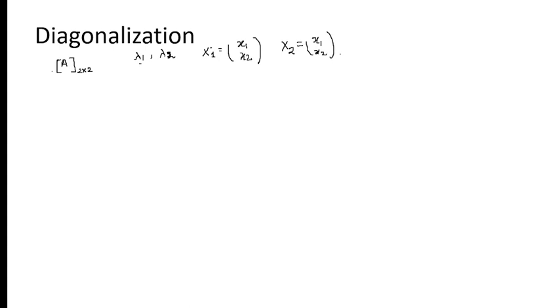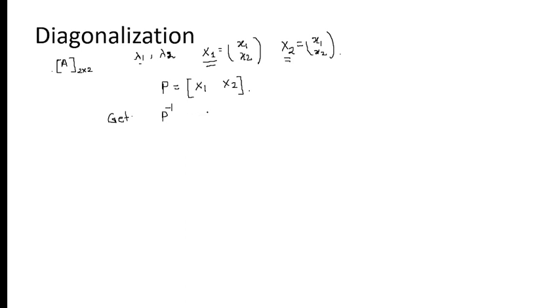Now your P matrix is going to be composed of this X1 and X2. So after getting the P matrix, you have to get the inverse of the P matrix.